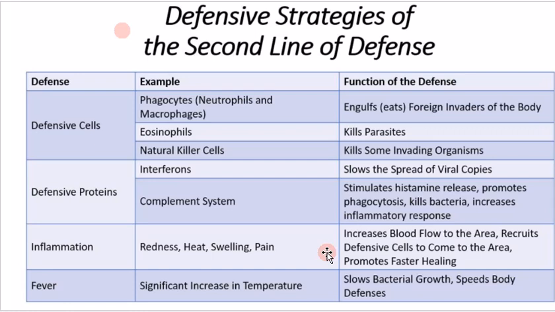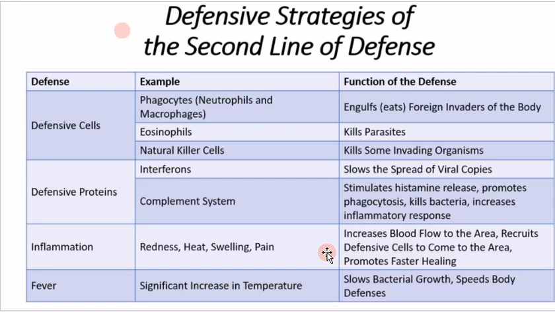Initially, if your fingertip is squeezed by a hard thing, you will feel pain, then it will become red, as the blood circulates and moves into it, and then it swells and becomes bigger because there is an accumulation of WBC, neutrophil, macrophage, eosinophil, killer cells, interferons, complements, all come around to control this infection. Even if it is injured, all this happens, and then ultimately it will go back if it is not an infection.